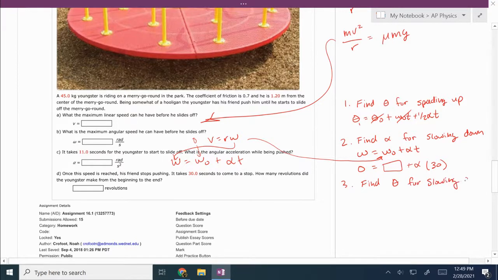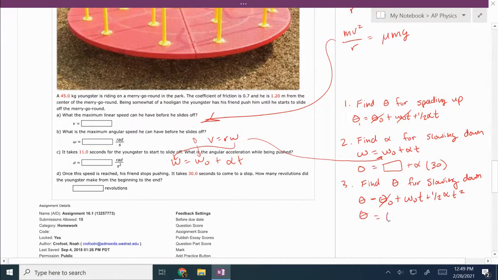And then 3 would be find theta for slowing down, just like number 5. Again, I would just go ahead and use the kinematic equation. So let's say that part's 0.